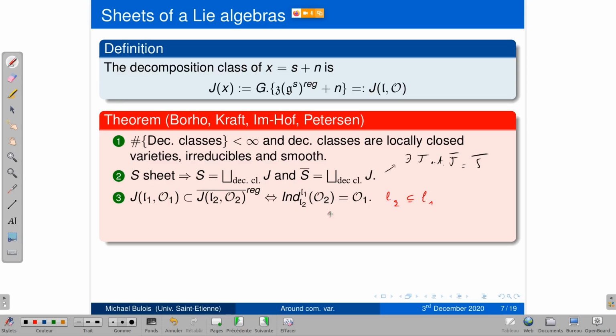All of this is up to G conjugacy, and this is the parabolic induction of nilpotent orbits, and it works for Lie algebras. So you can very much describe those sheets in terms of some combinatorial results on those pairs Levi and nilpotent orbit.